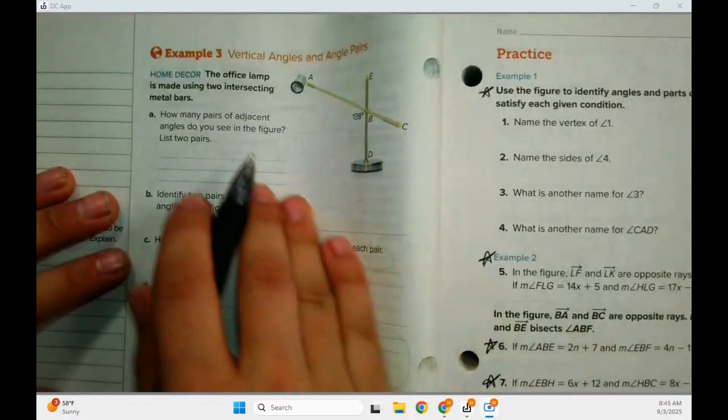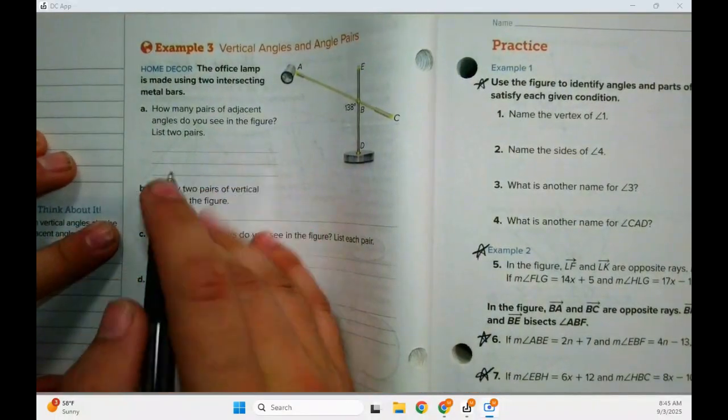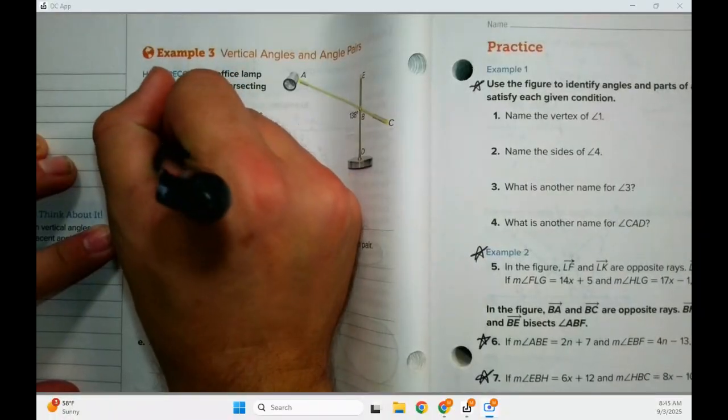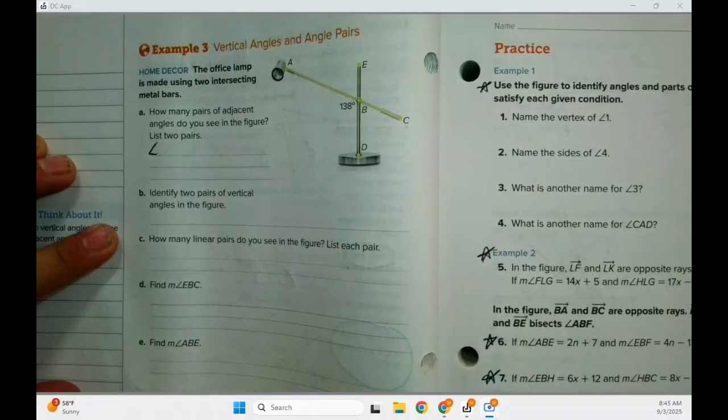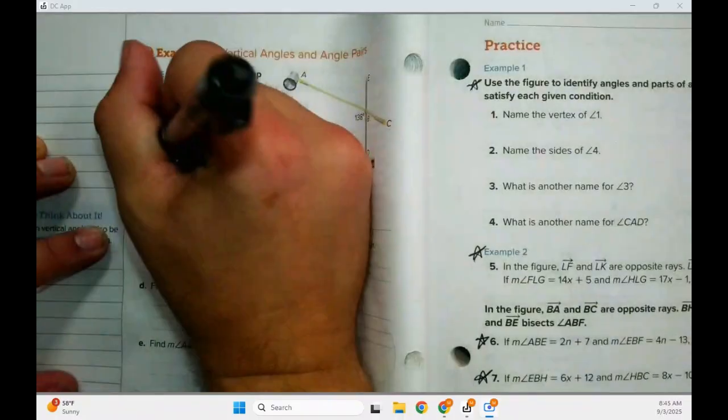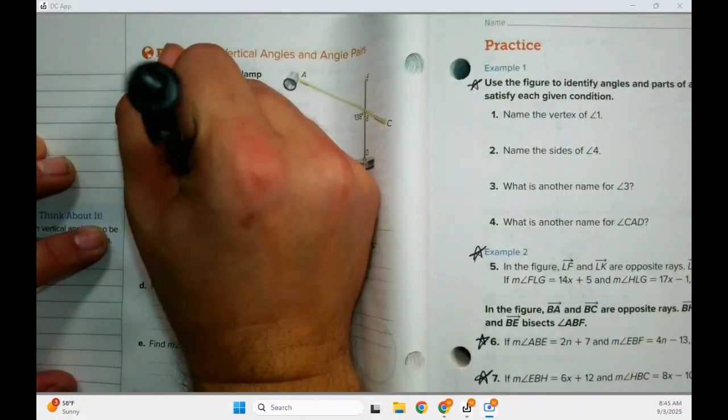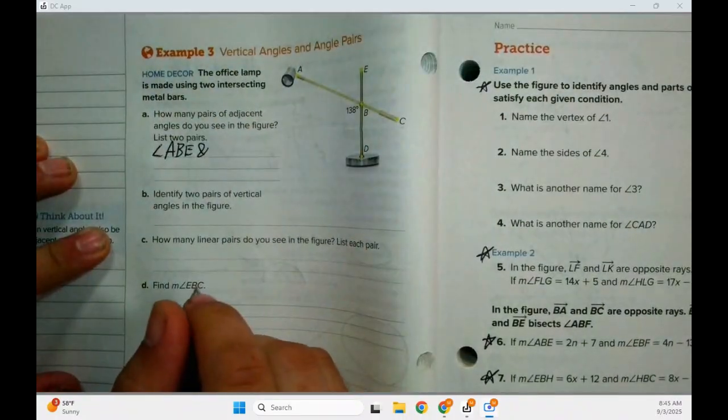So if we want to list 2 of the pairs, we could say, well, angle what? What is our first pair we want to go with? I guess we could go with ABE and EBC.